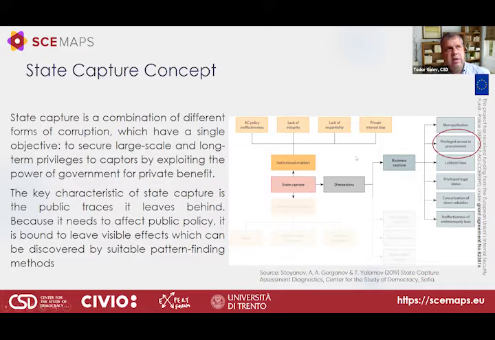The methodology that I'm presenting is focused on only one component of business capture pressure, and it is privileged access to procurement.